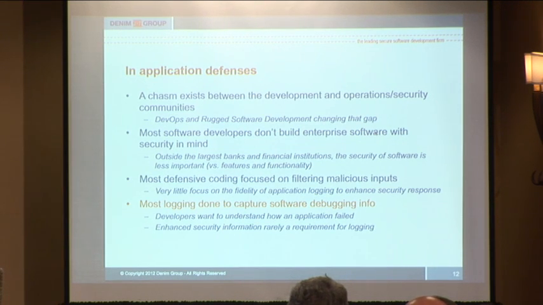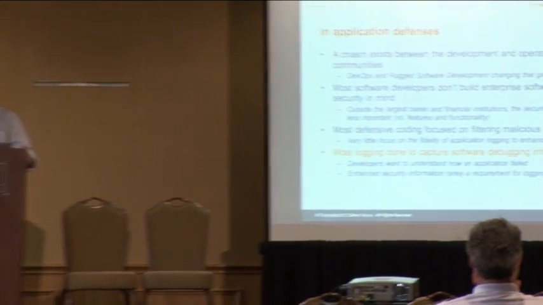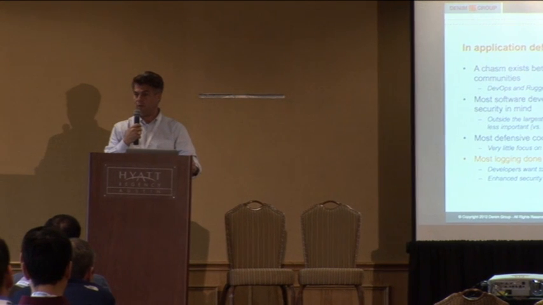If you ask a developer to add some logging, what do you log for? When you build an app, you log to debug it if it crashes in a weird state or does something weird. You want to be able to figure out after the fact what happened and how to fix it as quickly as possible.